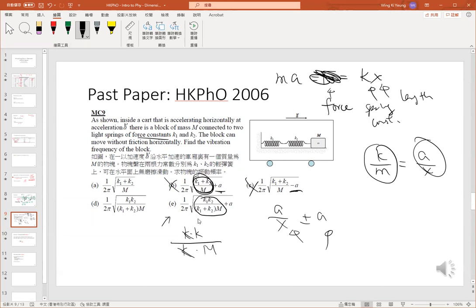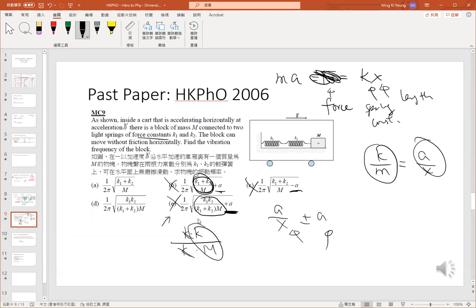That means it still has the same dimension as k over m. You still can't add it to a. So this equation, the thing inside the square root, is dimensionally invalid. So that means you can cancel out choices B, C, E.